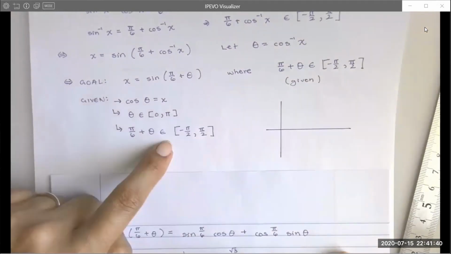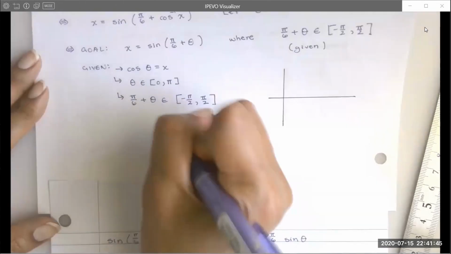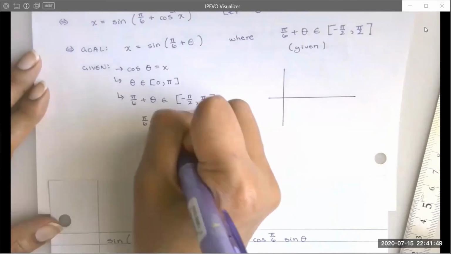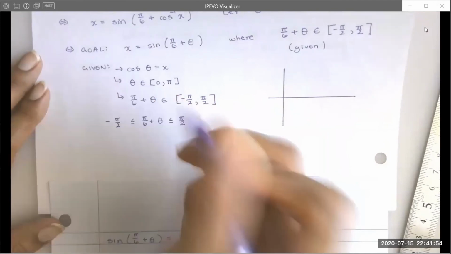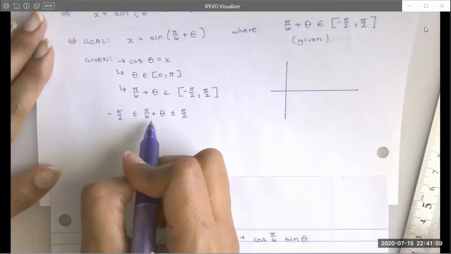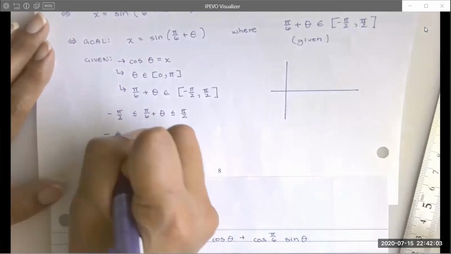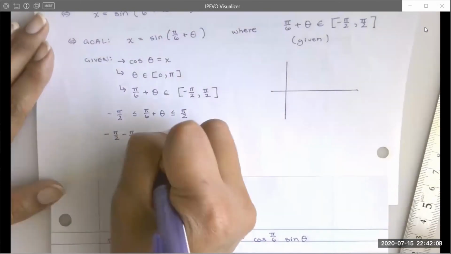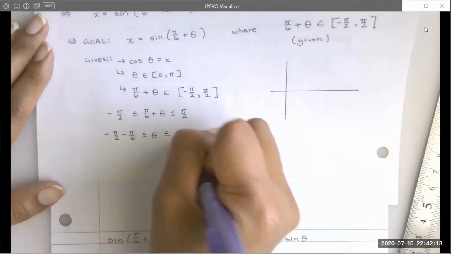So with this given, I'm going to work a little bit more. I'm just simply going to write this as pi over 6 plus theta has to be less than pi over 2 and greater than or equal to negative pi over 2. And then from there, we can subtract the pi over 6 from both sides. So this can become negative pi over 2 minus pi over 6 is less than or equal to theta, which is less than or equal to pi over 2 minus pi over 6.